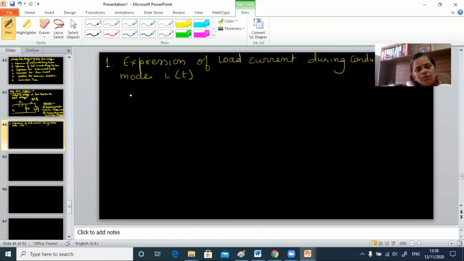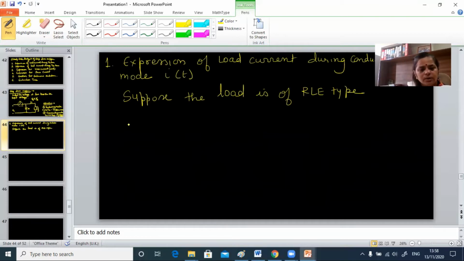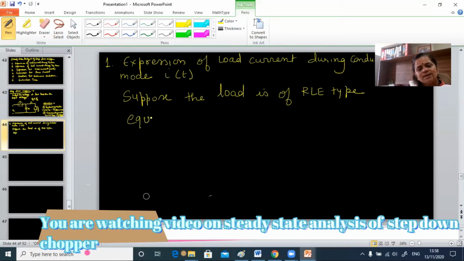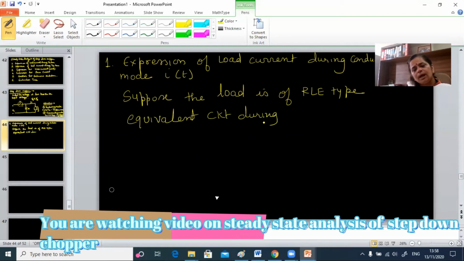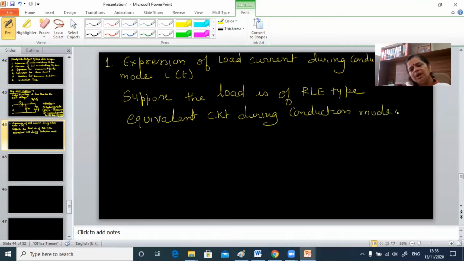During conduction mode, suppose the load is of RLE type, that is a DC motor load. So what will the equivalent circuit during conduction mode be?